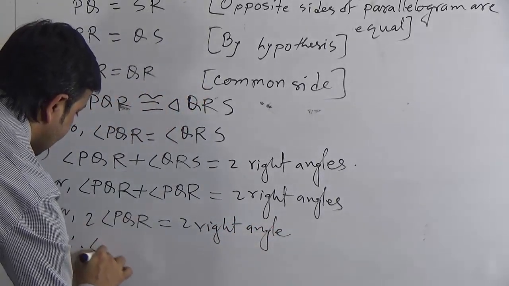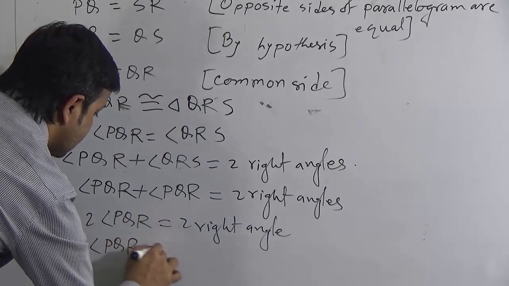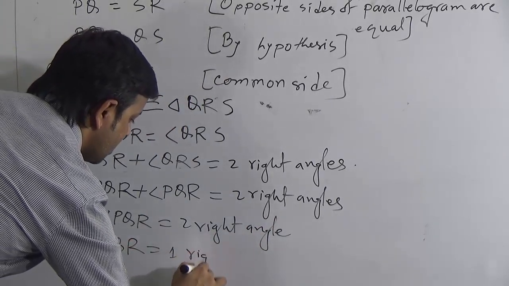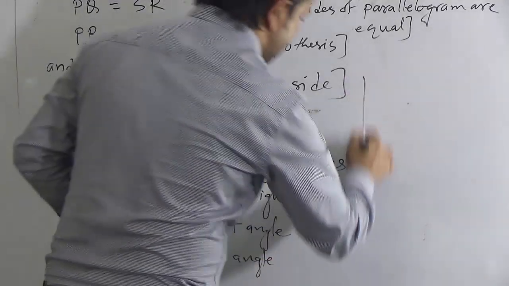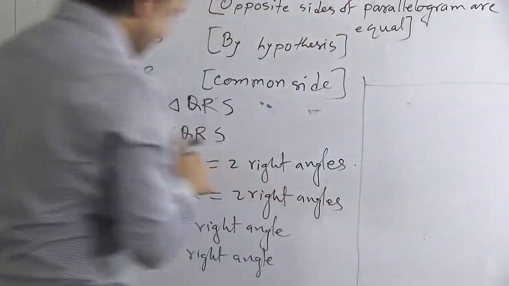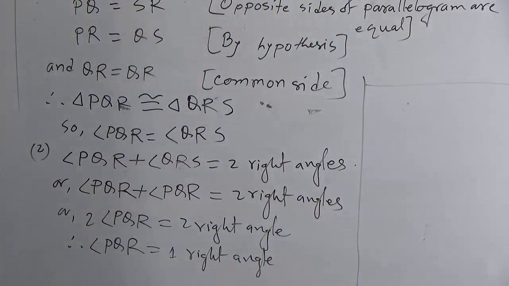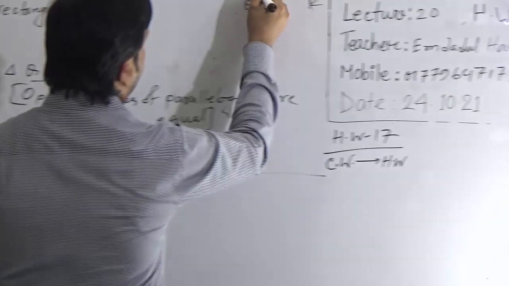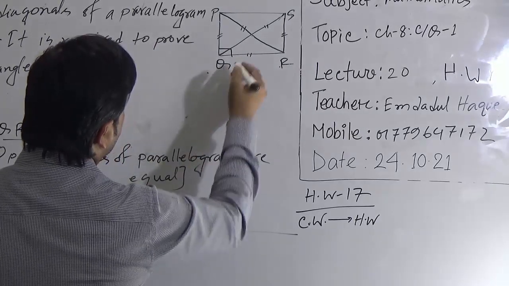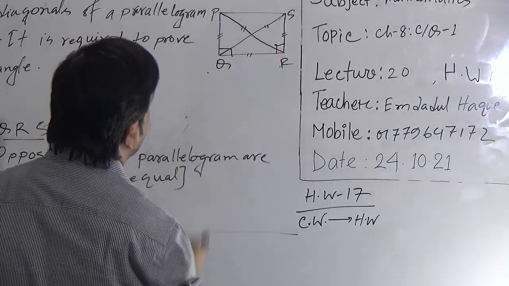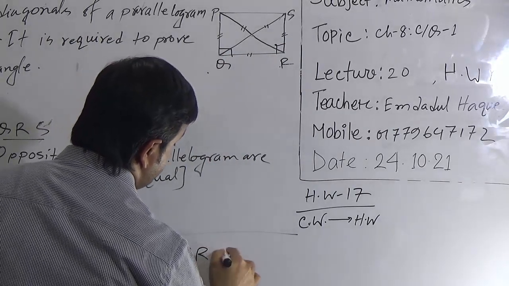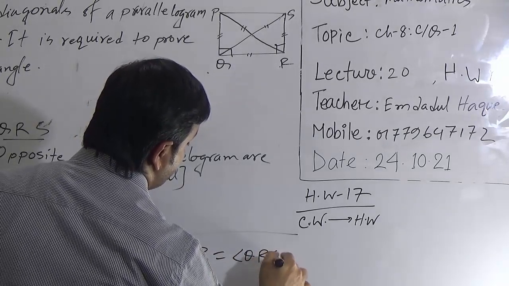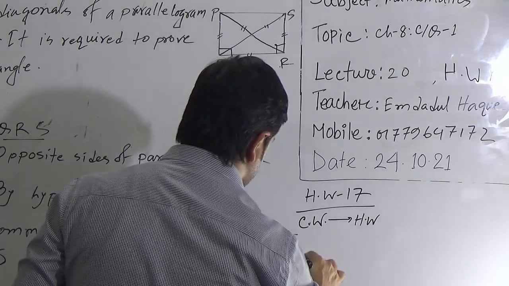That implies angle PQR is equal to one right angle. Dear students, what does it mean? It means that we have proved that angle PQR is a right angle, and we know PQR and QRS are equal, so we can say therefore angle PQR equal to angle QRS is equal to one right angle.